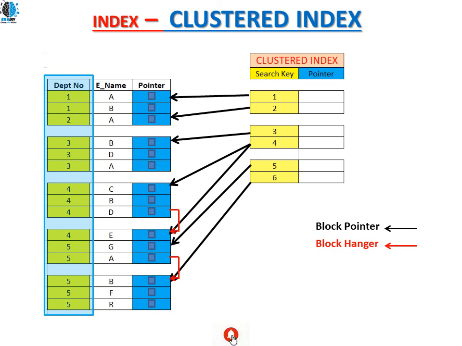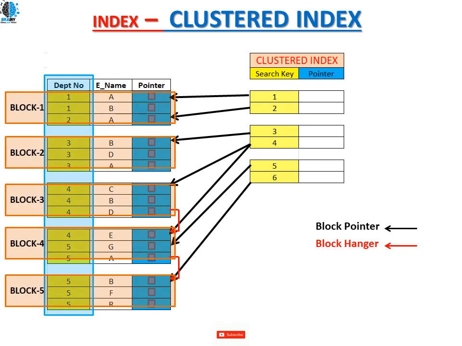These block hangers will tell the specific block pointers that this data is not completed or does not fit in this block and the data has overflowed to the next block. That's the reason block hangers are used. So searching of blocks will take much more time in a cluster index compared to our primary index. These are our different blocks of our cluster index.